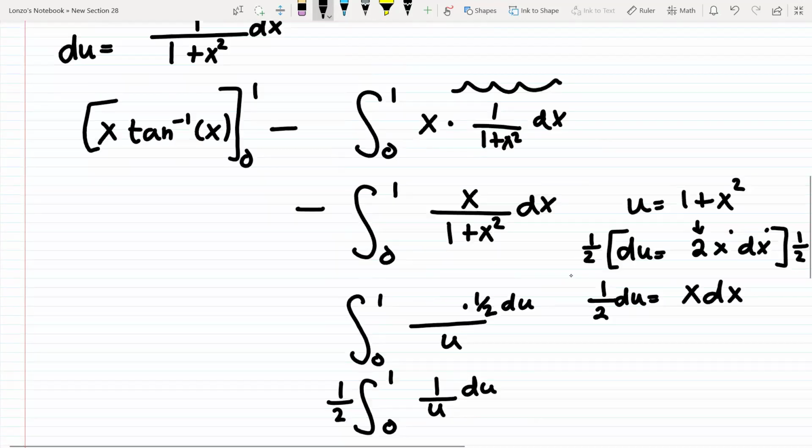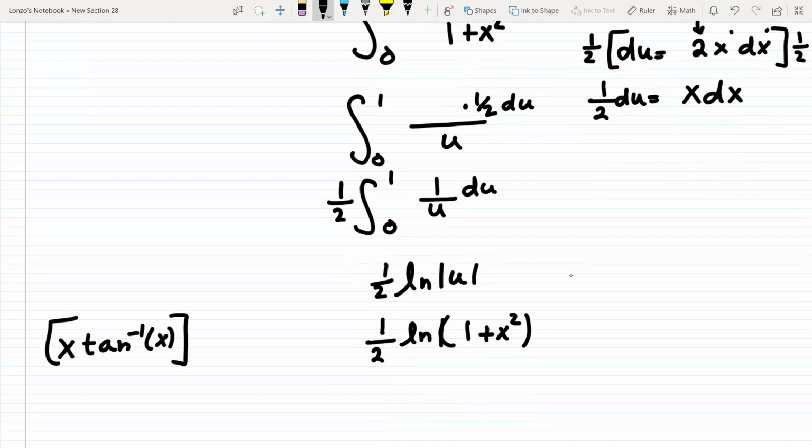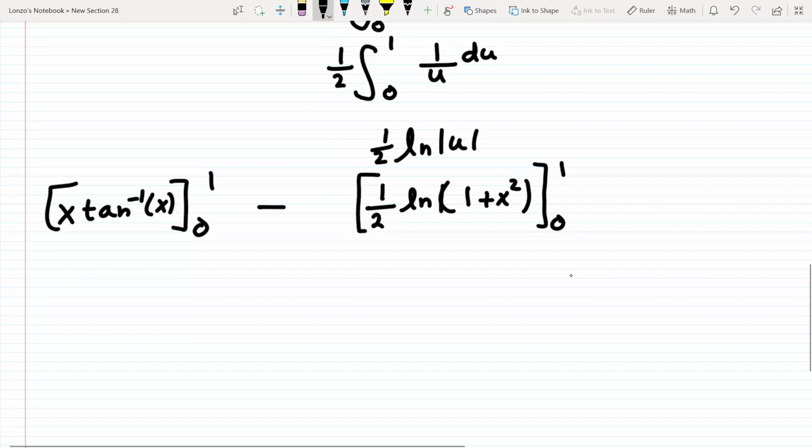Now let's take the boundaries. On the left side, we apply the rule: x tan inverse of x from 0 to 1, minus, and since we already took the integral of this, we then have to apply the boundaries.